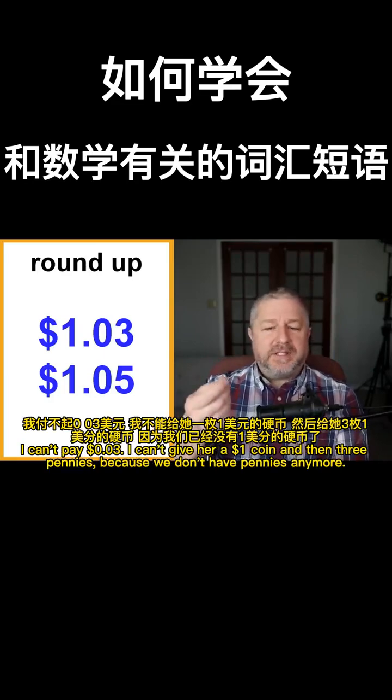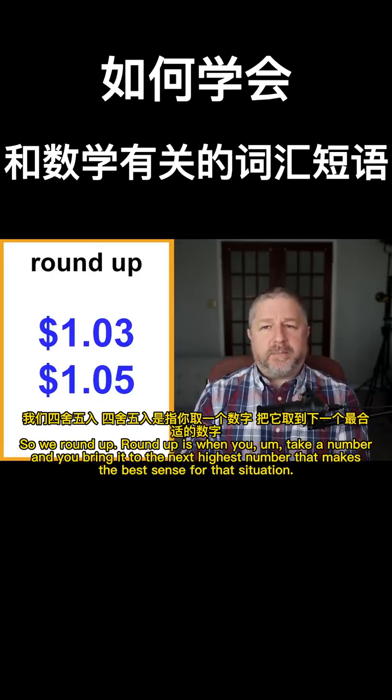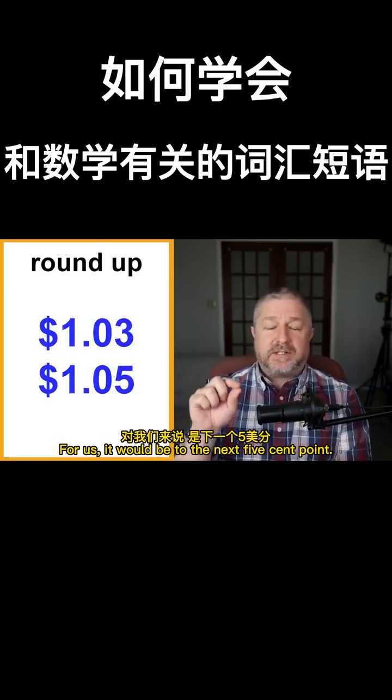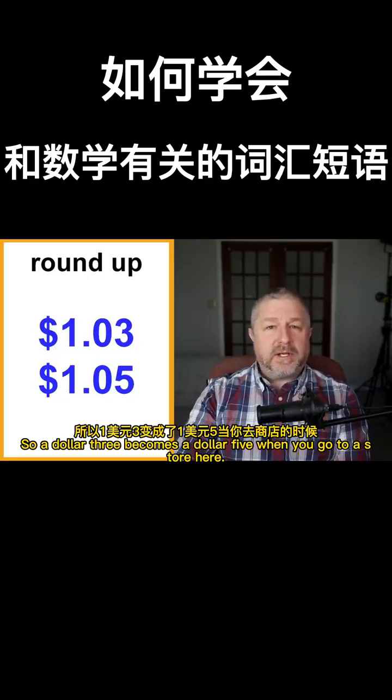I can't pay 3 cents. I can't give her a $1 coin and then 3 pennies because we don't have pennies anymore. So we round up. Round up is when you take a number and you bring it to the next highest number that makes the best sense for that situation. For us, it would be to the next 5-cent point. So $1.03 becomes $1.05 when you go to a store here.